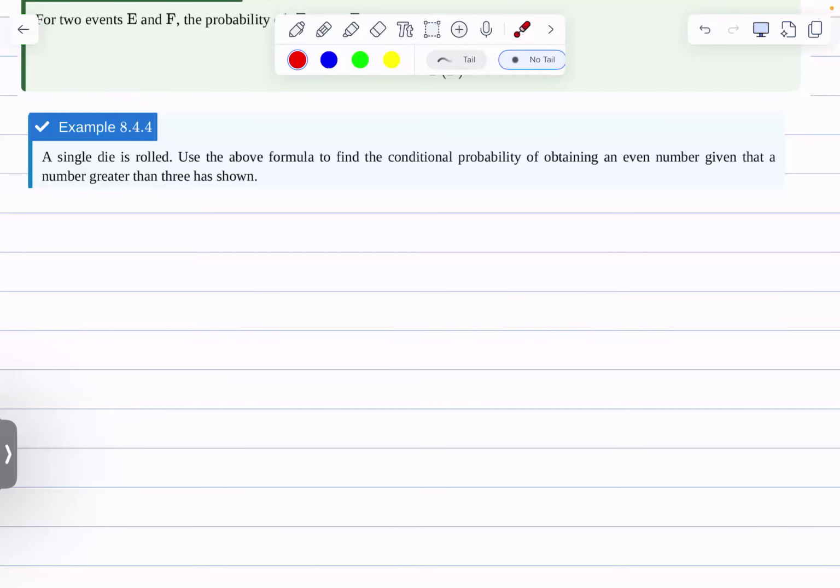So we want to find, well, first we need to translate the question into a formula that we can solve for. We want to find the conditional probability of obtaining an even number given that a number greater than 3 has shown.